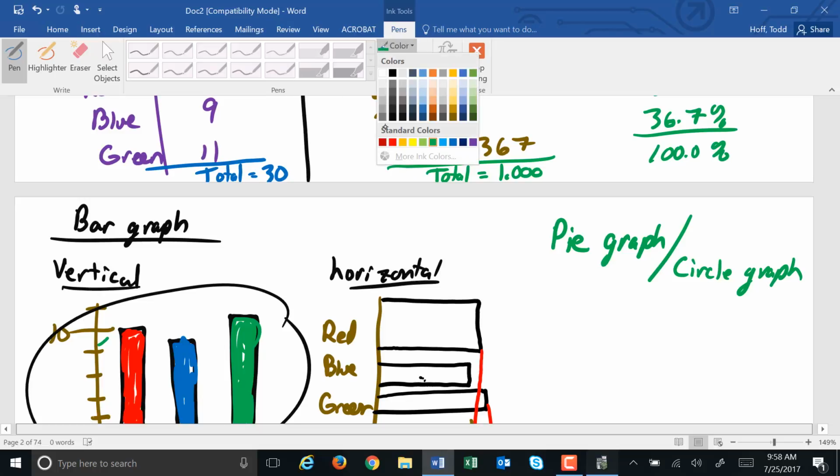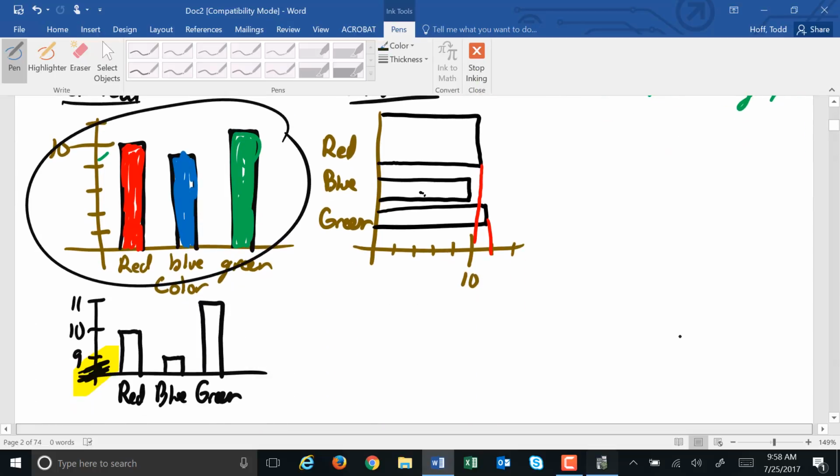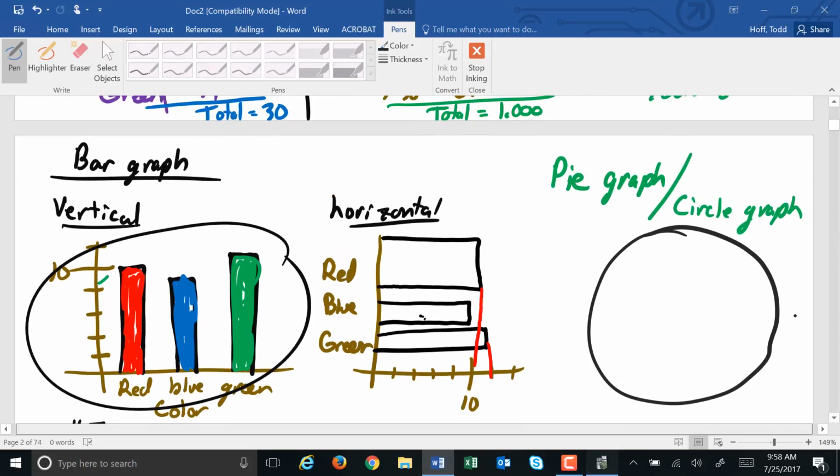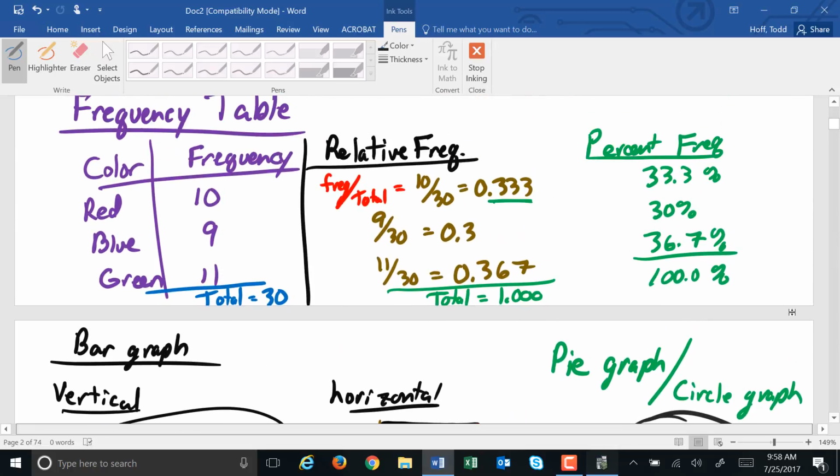So, years ago, to make a circle graph or a pie chart, we would use a protractor to make our circle perfectly round. And then, how many degrees are there in a full circle? 360, right? So we would have found 33.3% of 360 is 120 degrees. We'd take our protractor and measure out 120 degrees and make it nice and perfect.